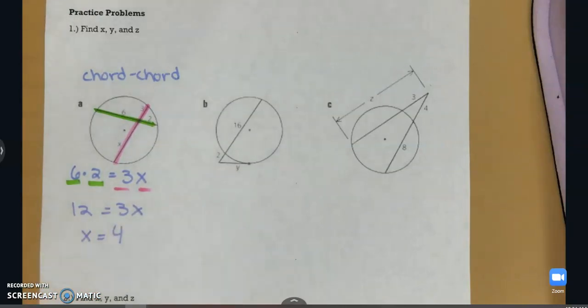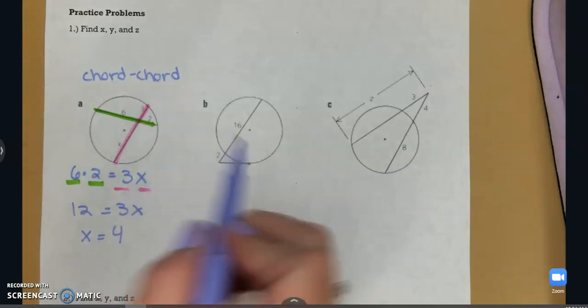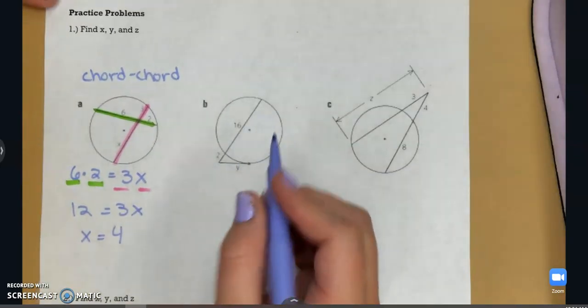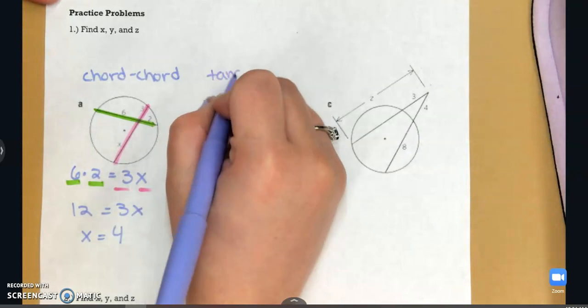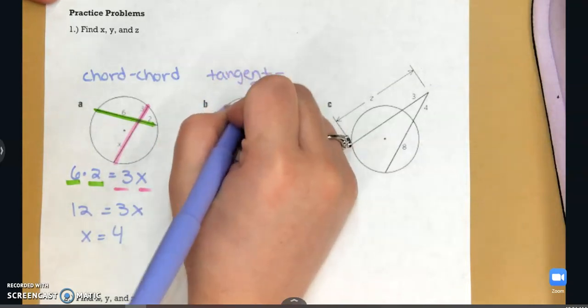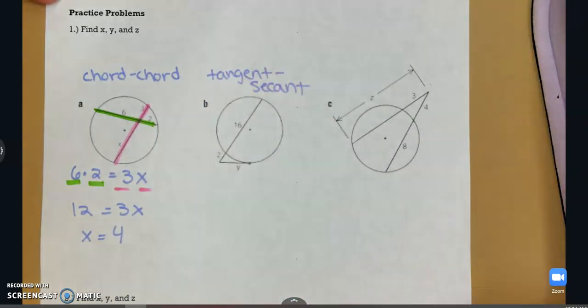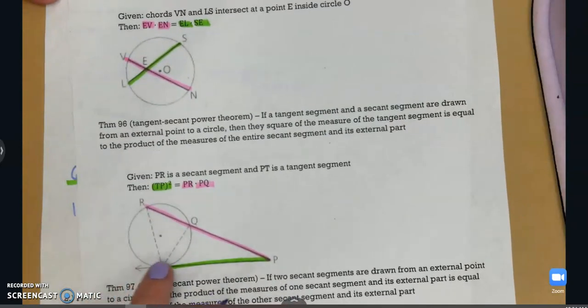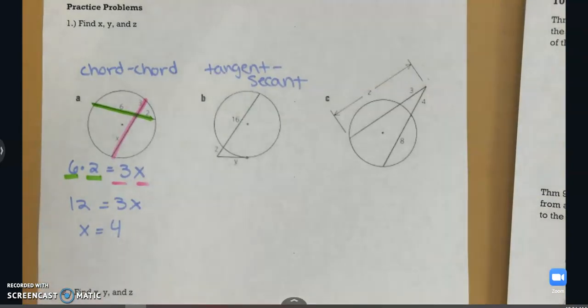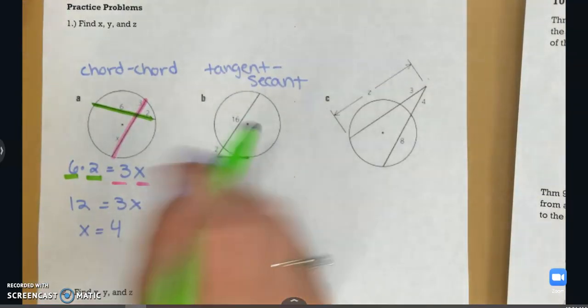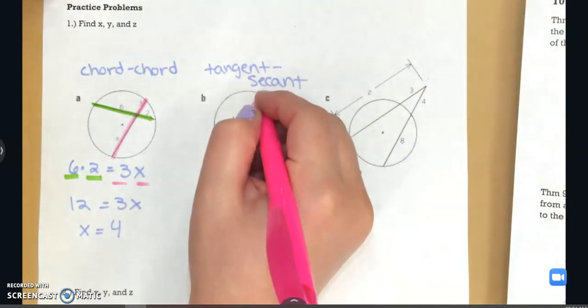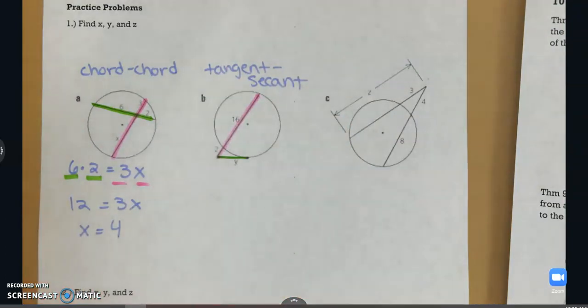It's that easy. Okay, let's look at number 2. I have a tangent and a secant. So this is going to be my tangent-secant power theorem. And for tangent-secant, I had my tangent as green, and green squared equals pink times pink. So let's go ahead and label. Here is my tangent, that one's y, and then my two pinks are 16 and 2.